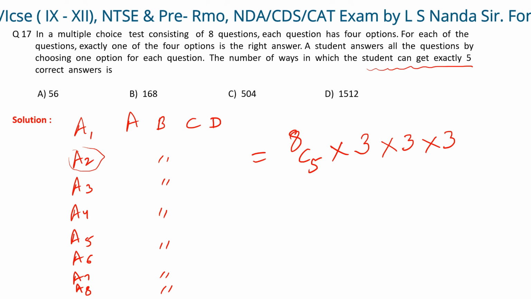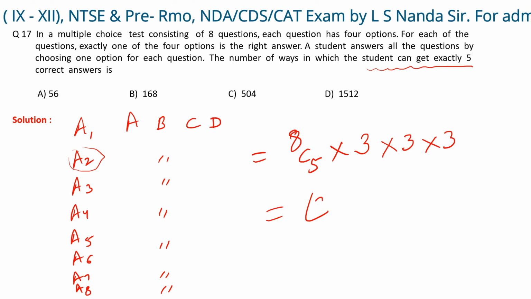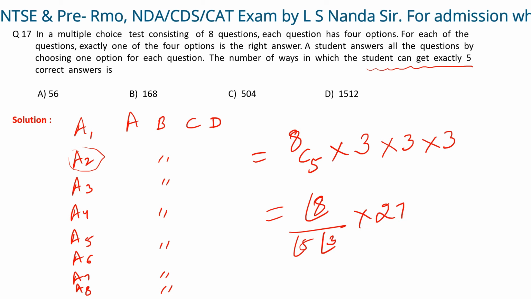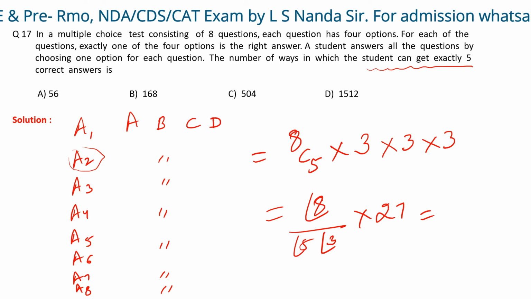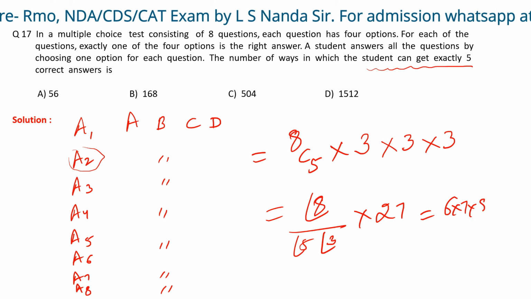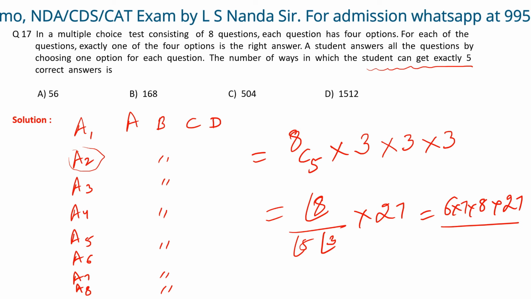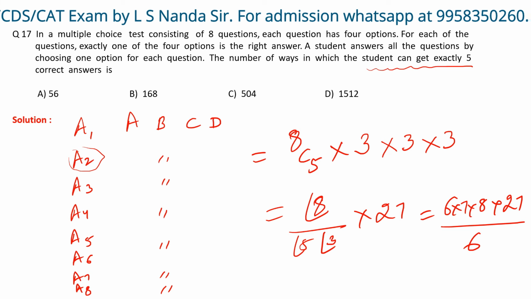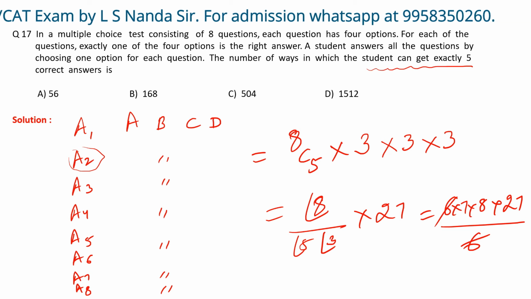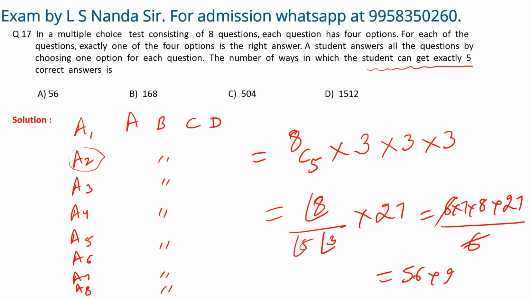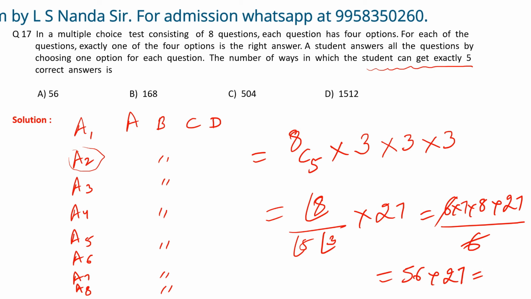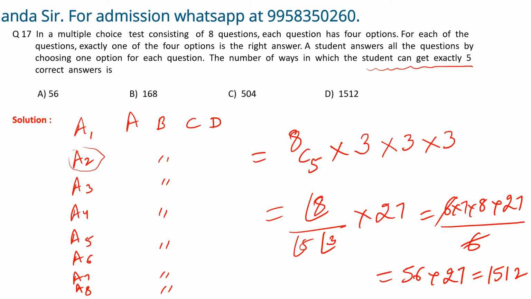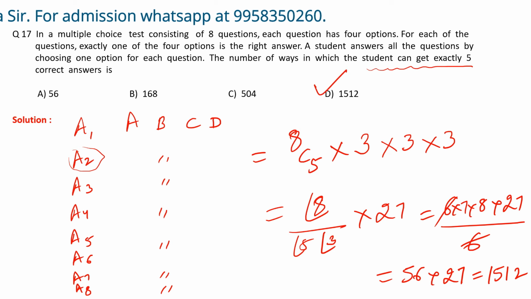So this is going to be the final answer. Let's simplify this. This becomes 6 7 8 into 27 divided upon 6, because factorial 5 has been cancelled up and down. So this becomes 56 into 27, and when you just simplify this, this comes out to be 1512. So option D is the correct one.